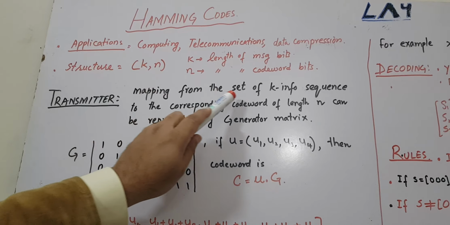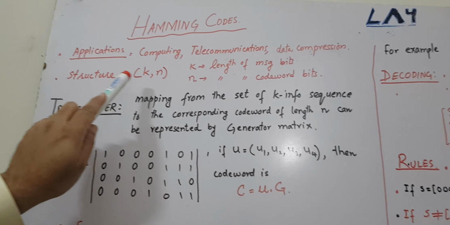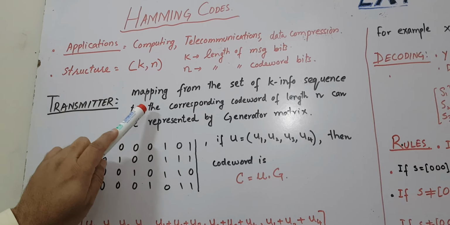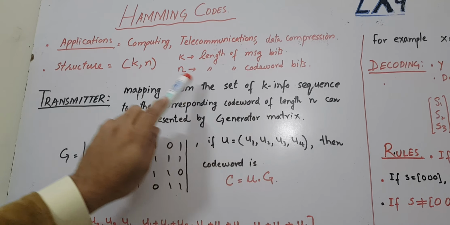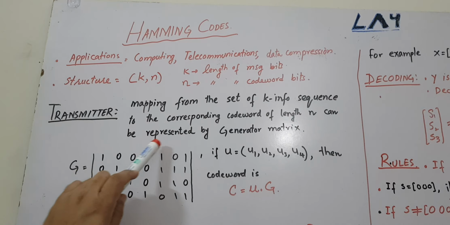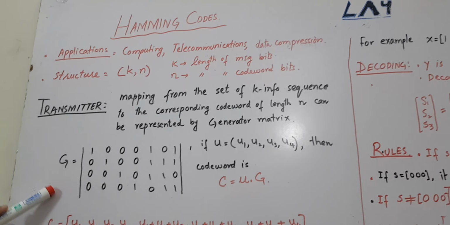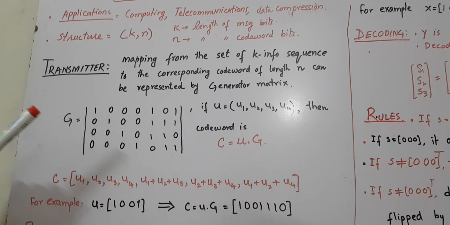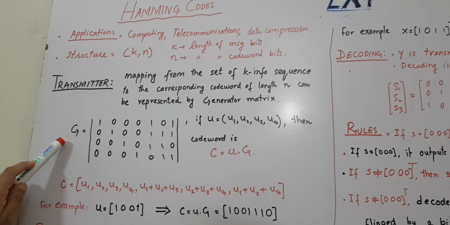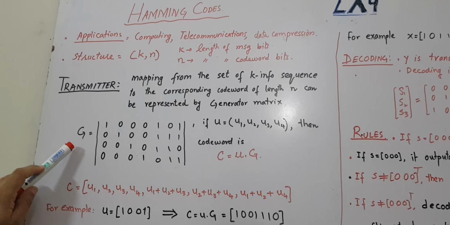Mapping from the set of k information bits to the corresponding code word of length n can be represented by a generator matrix. Mostly the generator matrix is used to encode the message, and it can be written in different forms.